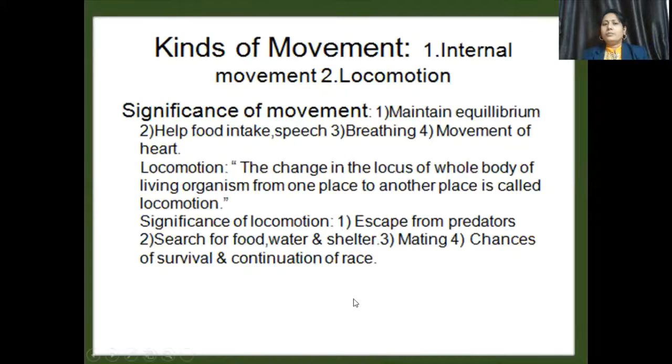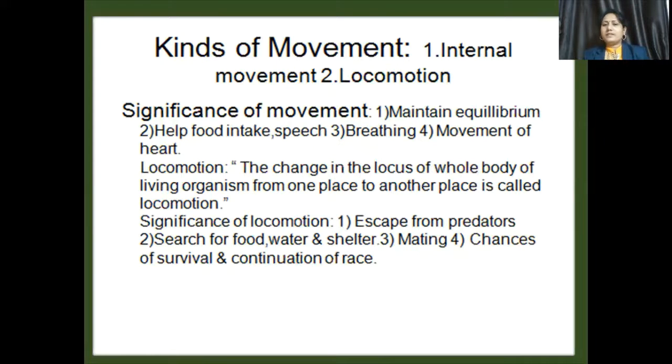The significance of movement is that it mainly maintains equilibrium. It is also helpful for food intake and speech. It is also helpful for breathing.